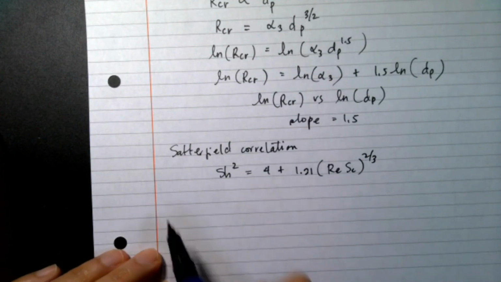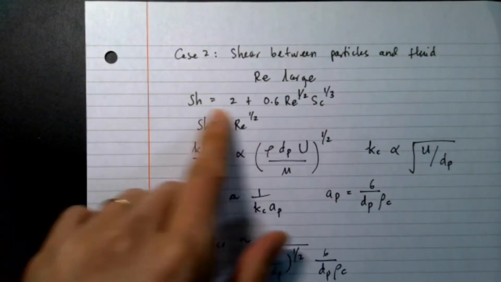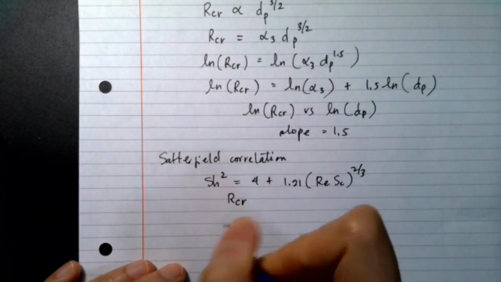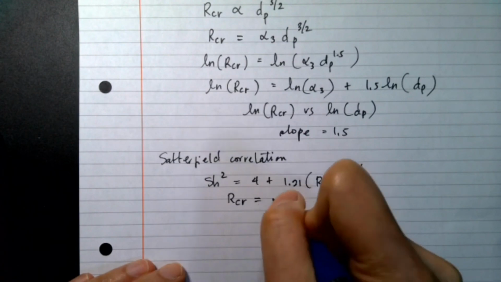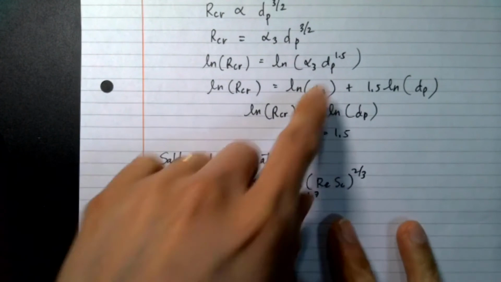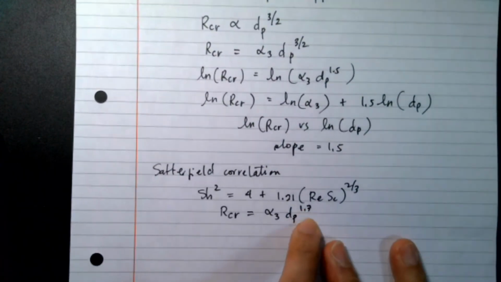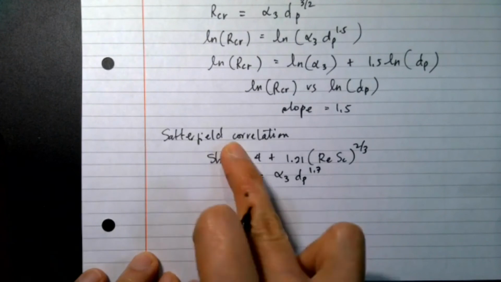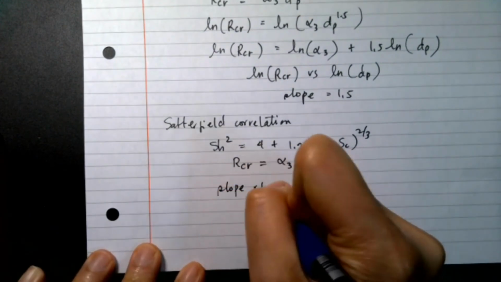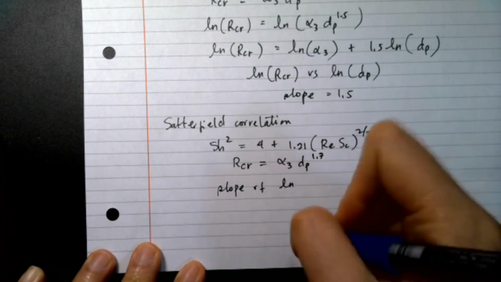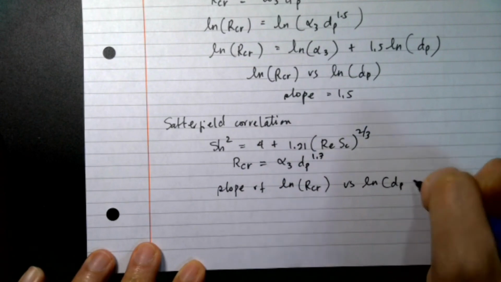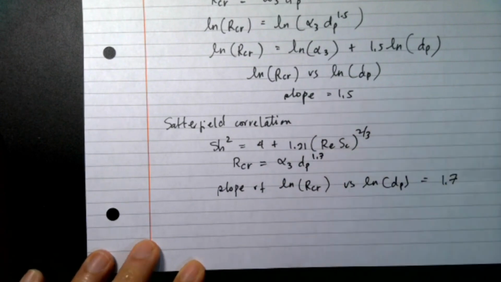If you use this correlation instead of the Frössling correlation, then you'll end up with RCR proportional to alpha 3 times dp raised to 1.7. Instead of 1.5, you'll have 1.7 if you use the Satterfield correlation. Therefore, the slope of the plot of the log of combined resistance versus the log of the diameter is 1.7.